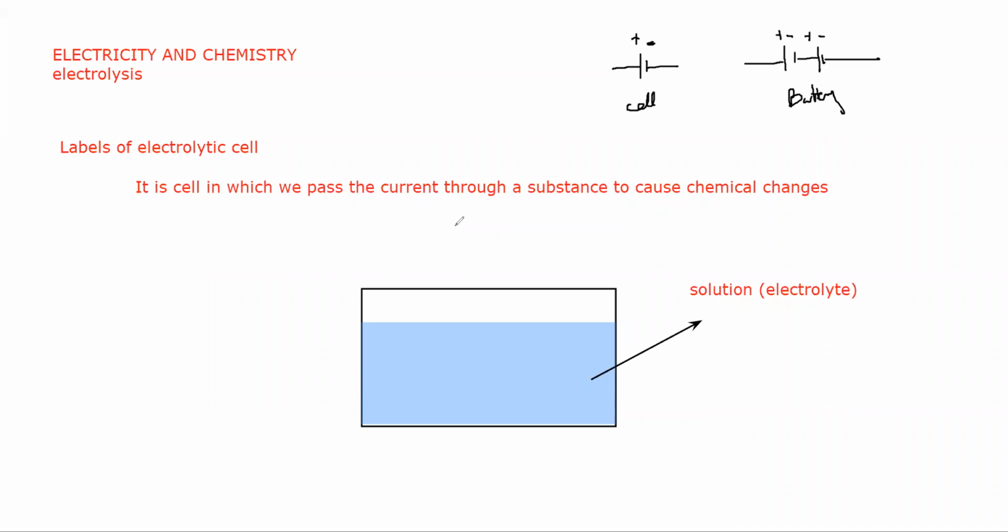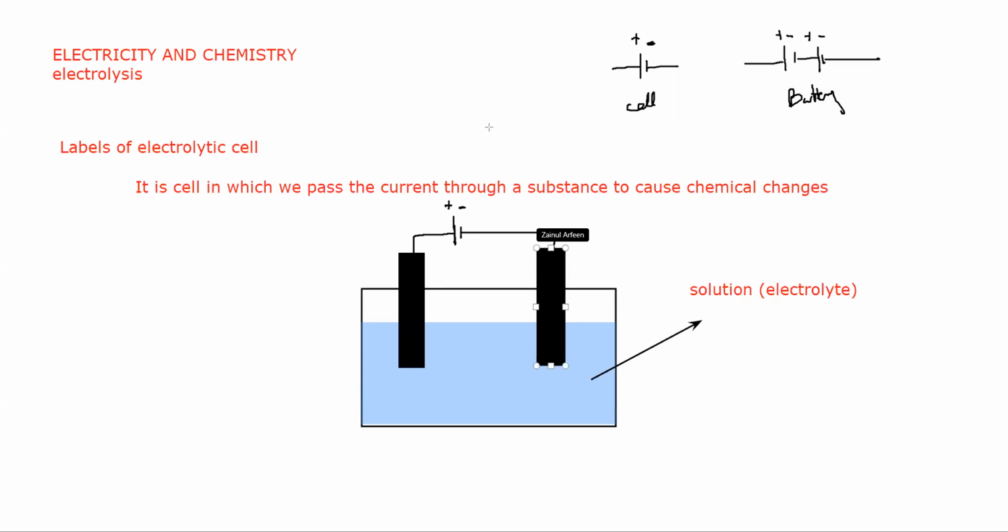So what we do, we connect either a battery or a cell. The big line represents the positive terminal of the cell and the small line is representing the negative terminal of the cell. And with this cell, we connect two plates which are dipped in the electrolyte or the solution.